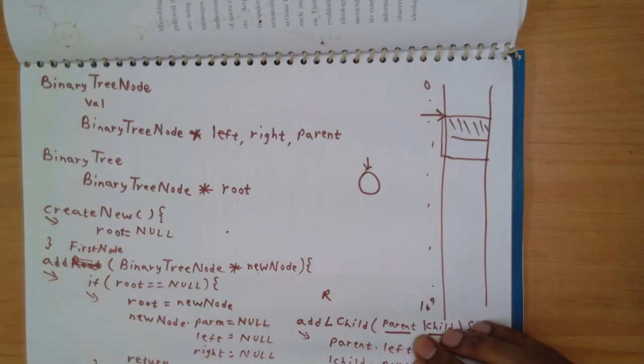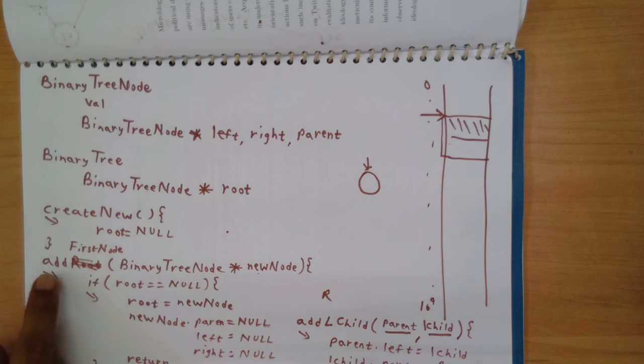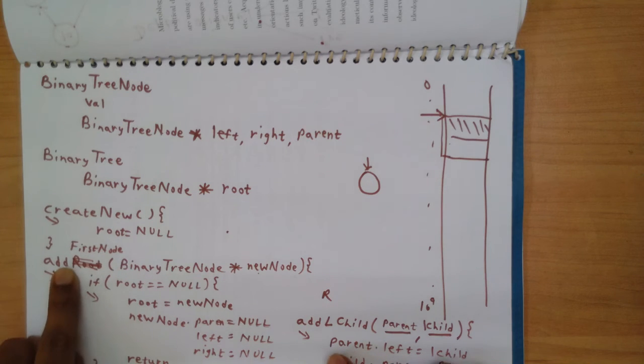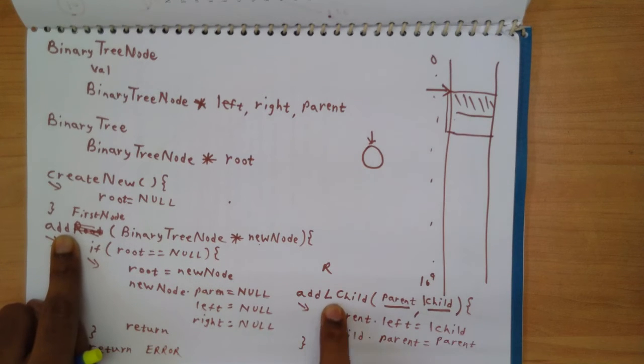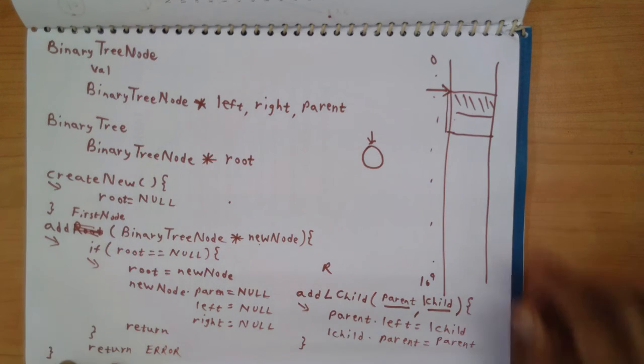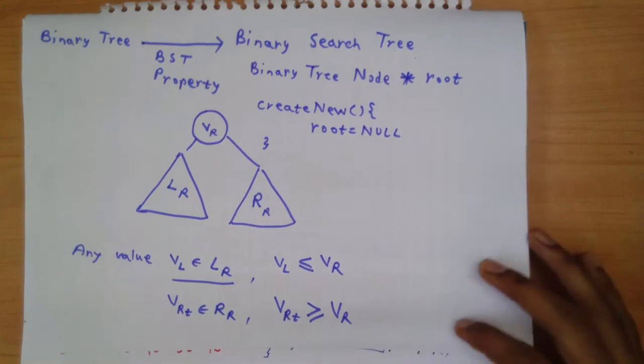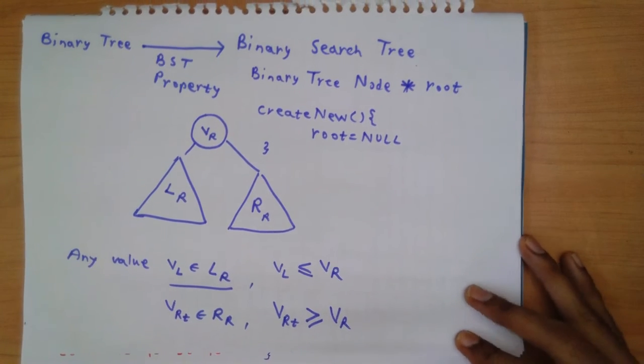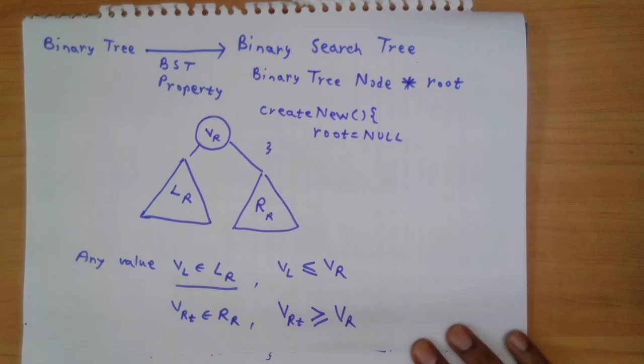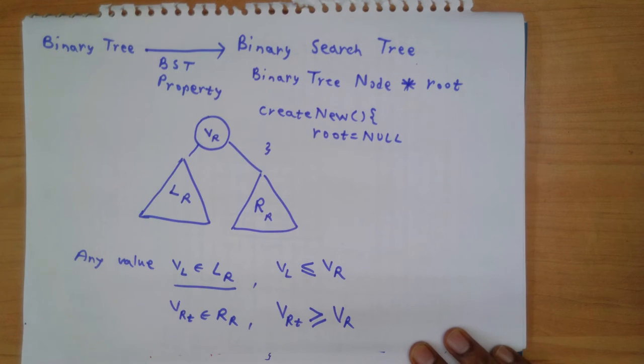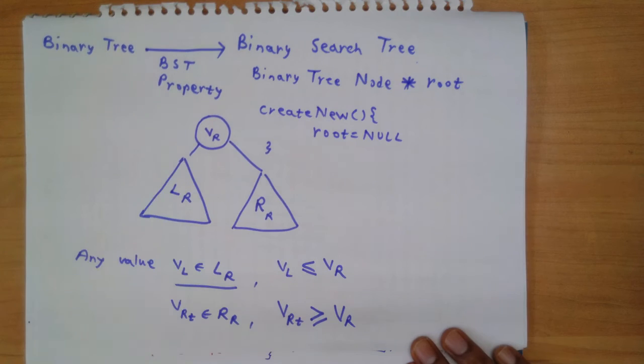Then whenever I add a particular node to my binary search tree, that would be the add operation. In case of binary tree, we had three things: add first node, add as left child, and add as right child. But in case of binary search tree, we don't have that freedom. We can't ask where our node should go, because that depends on the binary search tree property.